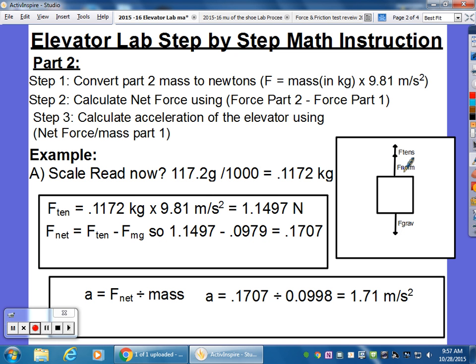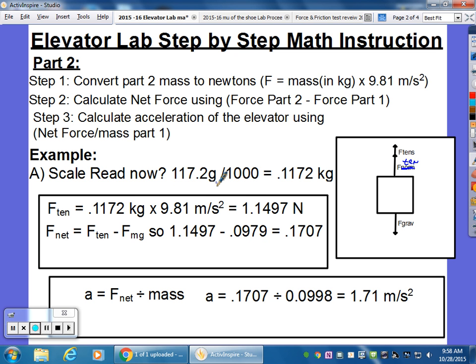I have labeled these two separate ways so you can see how we've added the tension to what I'm labeling as the normal force, but truly it's a tension force as well. Now the tension force has to cancel out the gravitational force and create acceleration, so that's why it's larger.